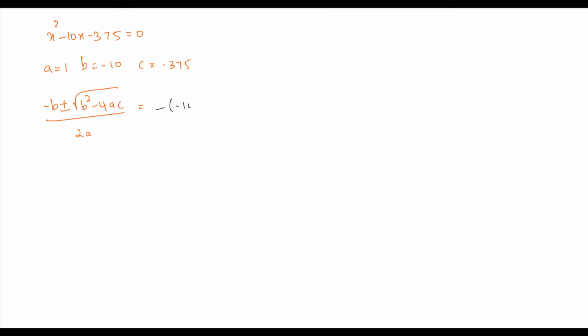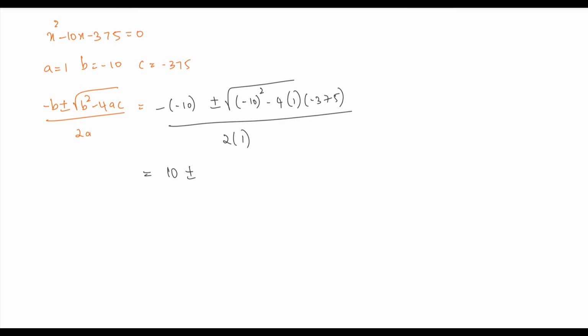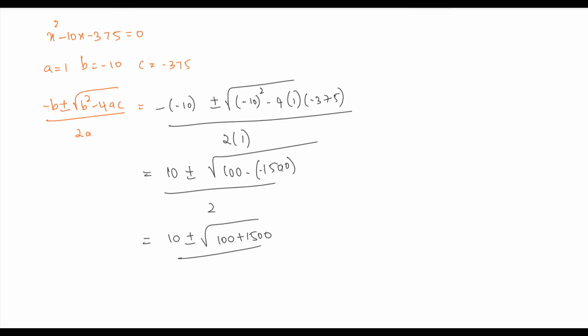Minus of minus 10 plus or minus root over b square, which is minus 10 whole square, minus 4 into a and c is minus 375, divided by 2 into a, which is 2 into 1. Minus of minus 10 is plus 10 plus or minus root over 100 minus 375 into 4 will give us 1500, minus of minus 1500, divided by 2, that is equal to 10 plus or minus root over 100 plus 1500 by 2.